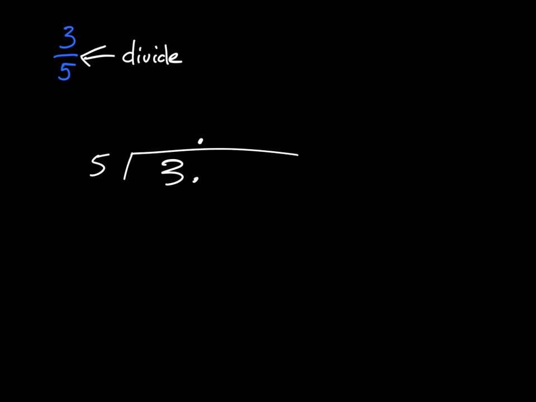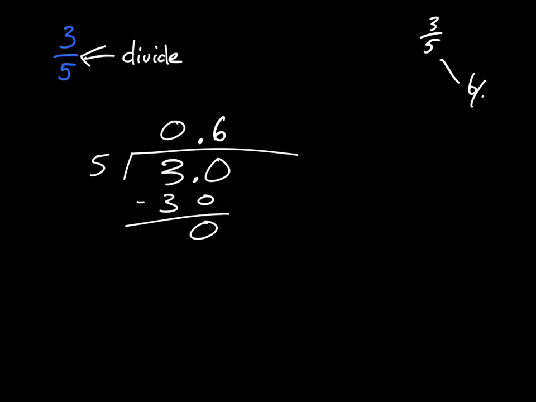We know that 5 goes into 3 0 times, however, it goes into 30 6 times, which gives you 30, and you finish subtracting and you're at 0. So here we have 3/5 is the same as 0.6, and if you're doing your triangle, you can have your 3/5 and you can have your 0.6, which means that we're still looking for our percent form, and we take our 0.6, multiply it by 100, and we see that it is 60%.